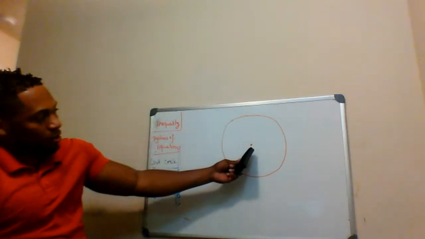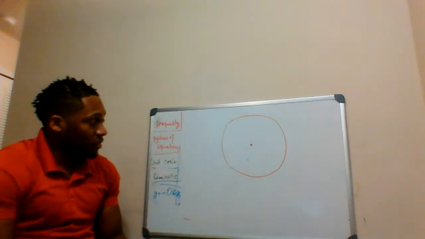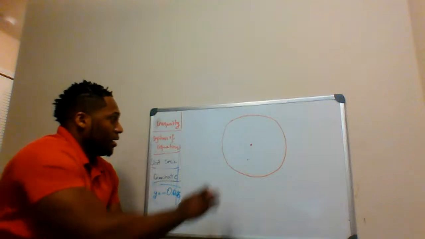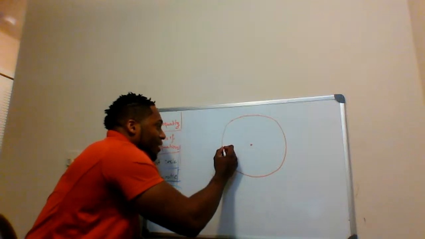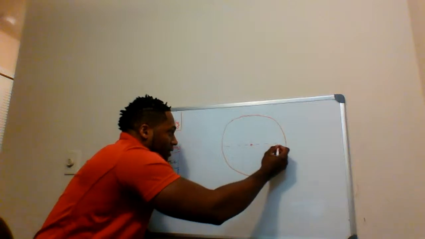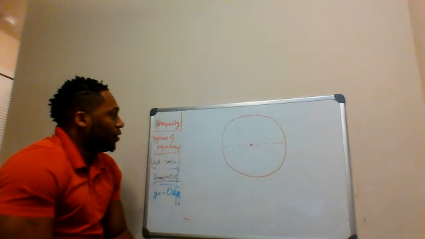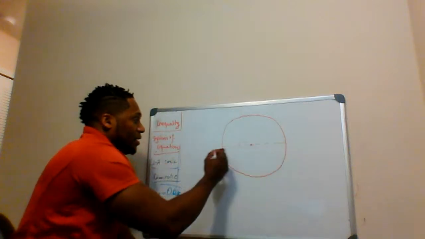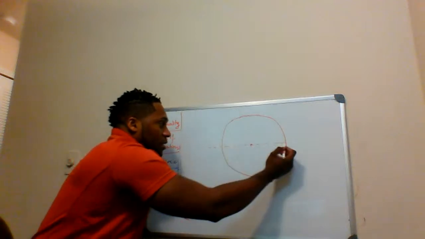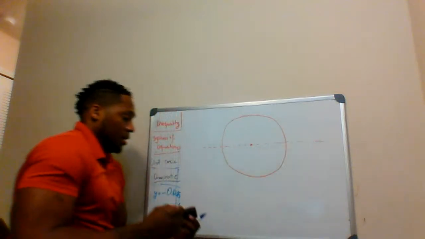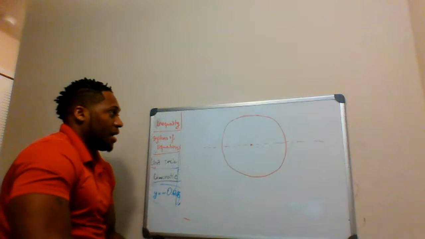So think about this. Let's say this is a circle. Let's assume this is a circle. So let's say this is the diameter of the circle. So let's say this is the x-axis. Right here, this is the x-axis. And let's pretend that this is the y-axis.